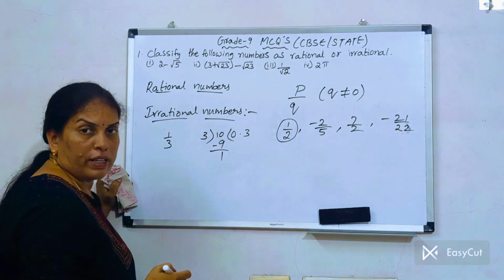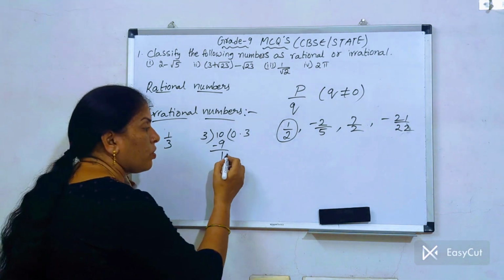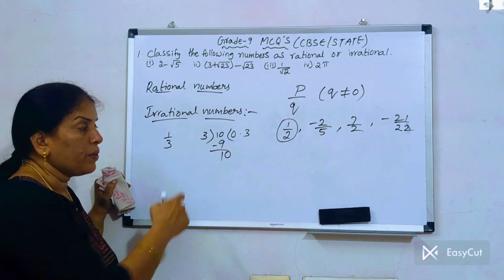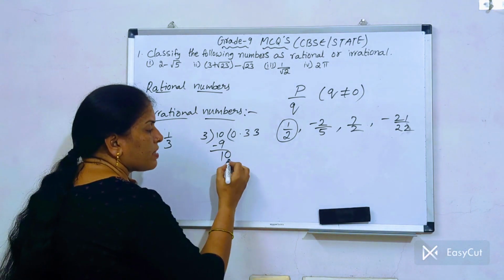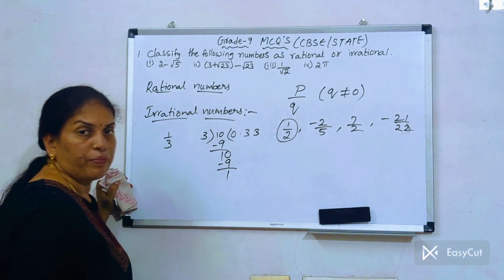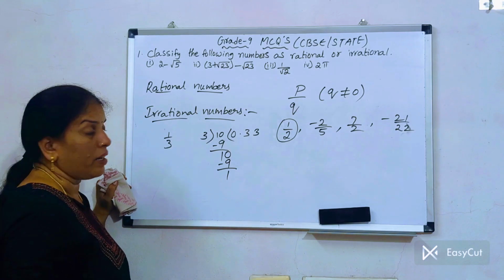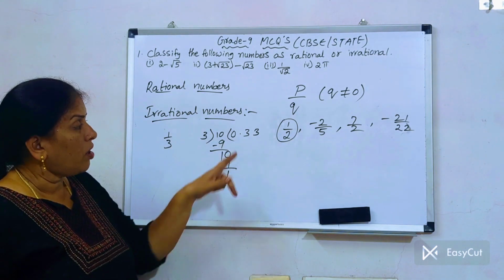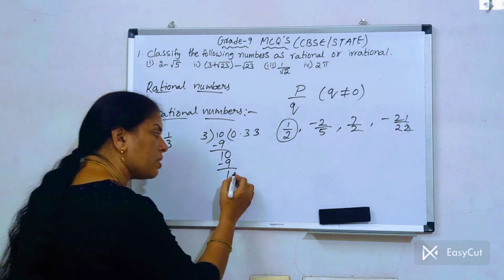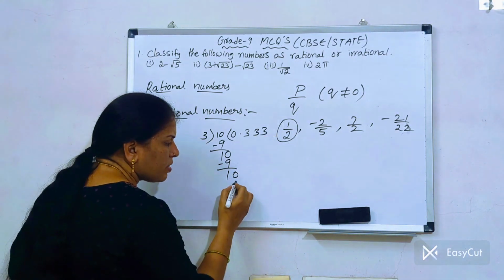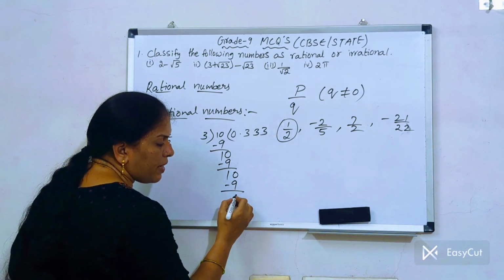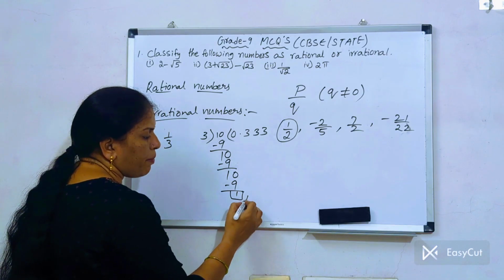Already we wrote the decimal point, so carry down 10. Again 3 threes are 9, and 1 is the remainder. Again you can take 10, it divides 3 times, 3 threes are 9, 1 is the remainder.